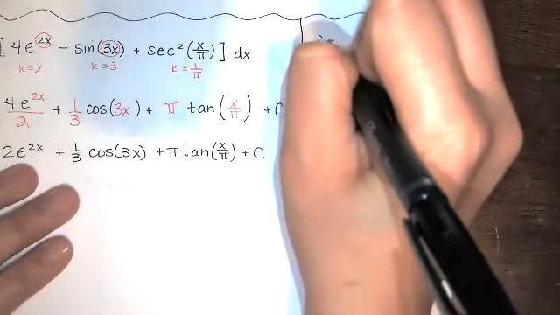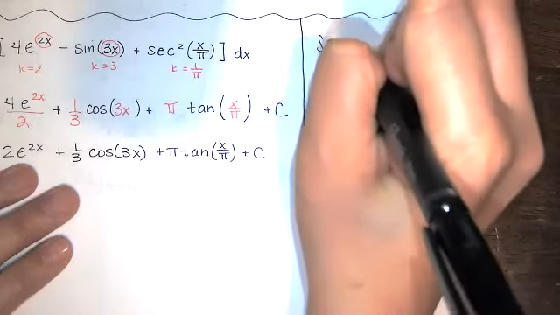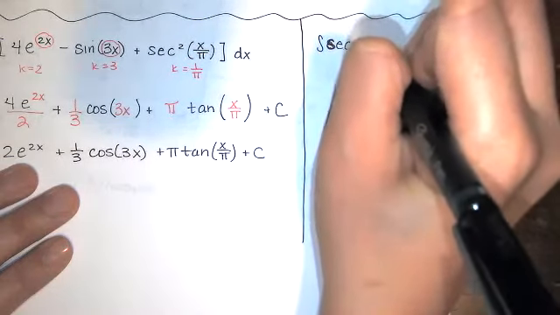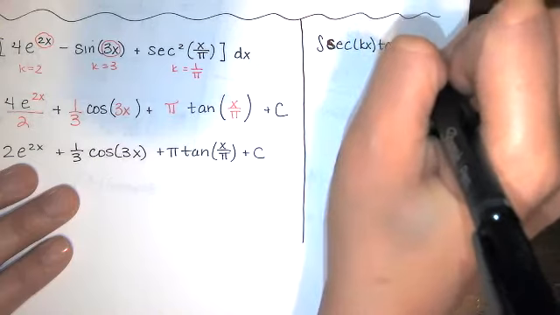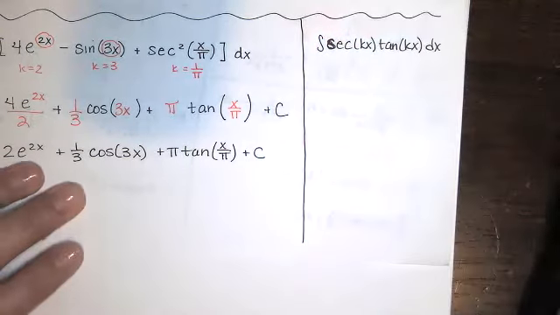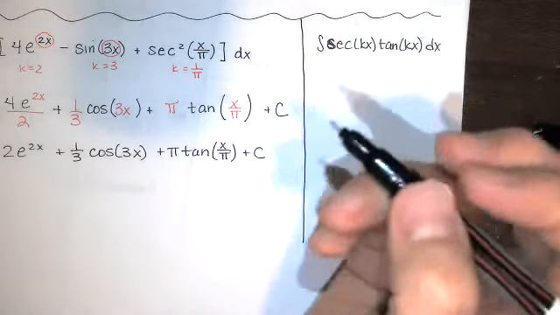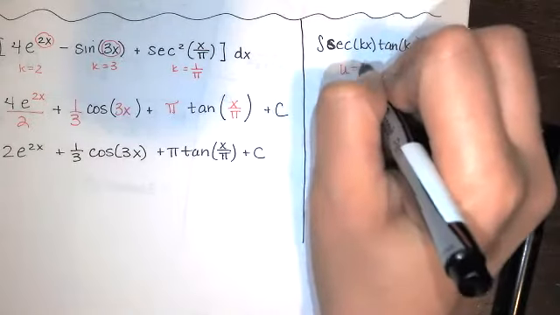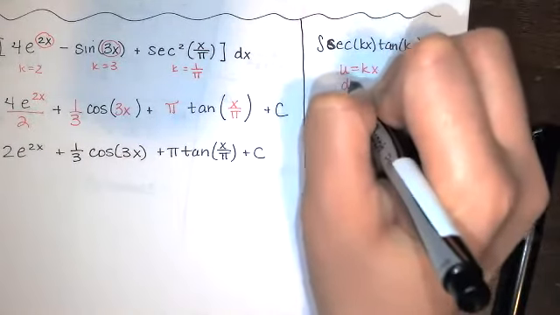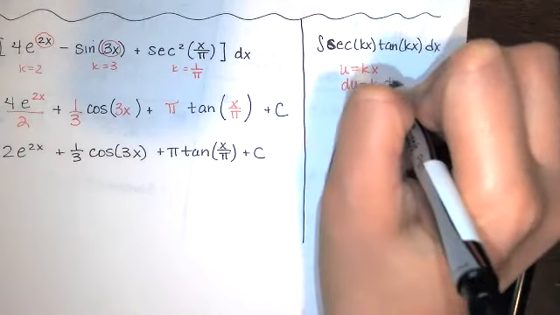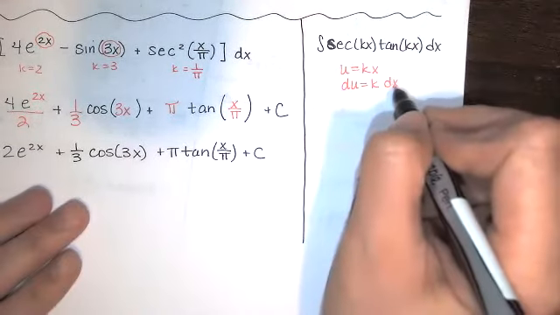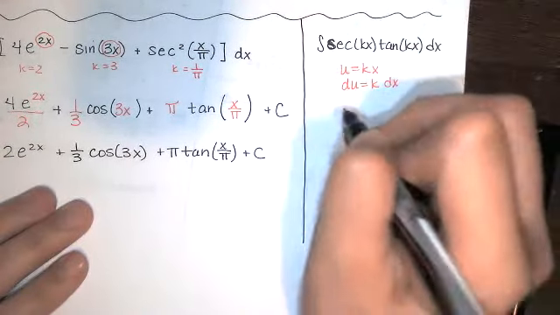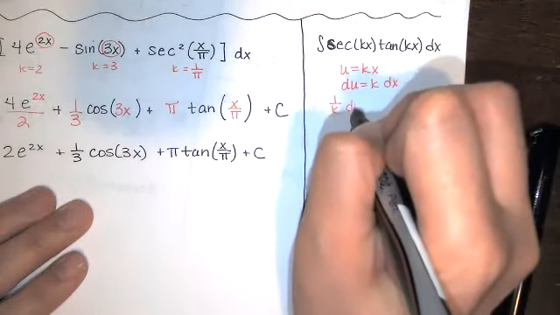We've got the antiderivative of secant of kx times tangent of kx dx. Well, I could use the u sub where u is equal to kx, then du is equal to k times dx. And then if I'm getting dx by itself, I have to divide both sides by k.